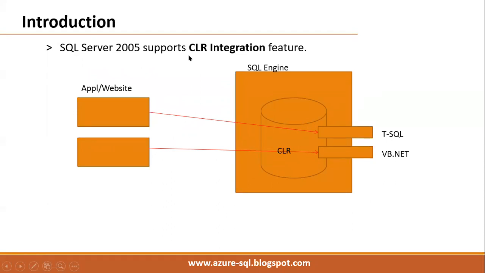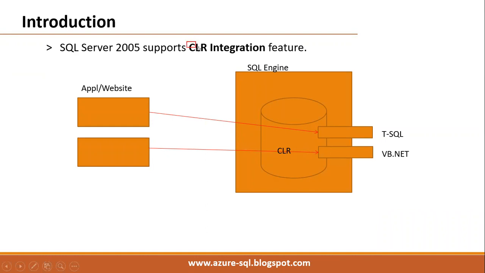SQL Server, remember, for programming in SQL Server, we have two options. Programming means we are not writing the programs; as a DBA, our developers will write the programs. So for programming, we have two options. One is CLR integration.